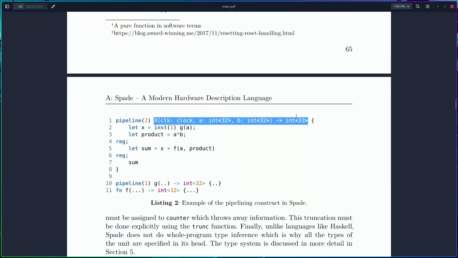Yeah, exactly. You need to give these types, but the X here you don't have to give because it knows what G returns, given that you pass A. The multiplication will produce a 64-bit integer, since these are 32 bits, you don't have to write that out. F and X have to be the same, and then plus 1 will be the sum. Oh, right. And then it checks this.